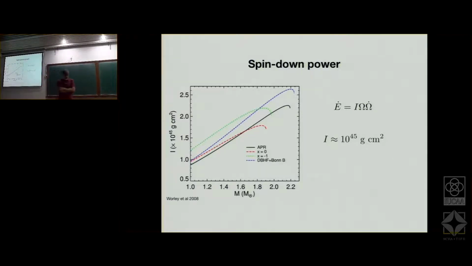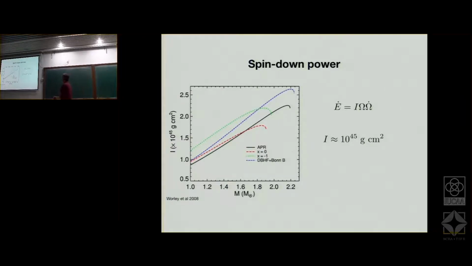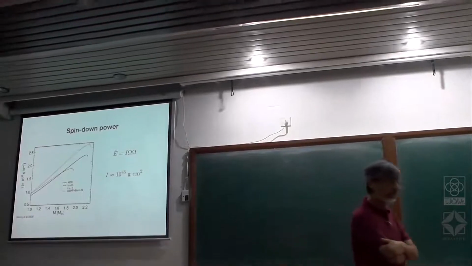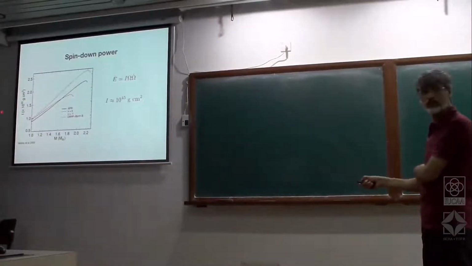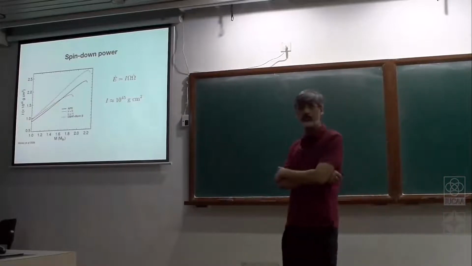Now this neutron star will have a moment of inertia which is not known a priori. But one can make a reasonably good guess at it from the theoretical models of neutron star structure. If you look at various different equations of state, some representative ones are plotted here. For the range that you would expect the neutron star masses to be in these radio pulsars, the moment of inertia lies within about a factor of 2, about 1 to 2 times 10 to the 45 grams centimeter square.